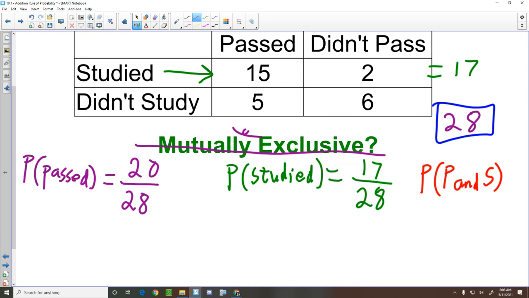What's that number going to be? Well, that's the easy one. That's just given to me in the chart, isn't it? Passed and studied is right there. That's just 15. There are 15 students who studied for the test and also passed the test. So that's 15 out of the same total, right? Out of the total 28 students.